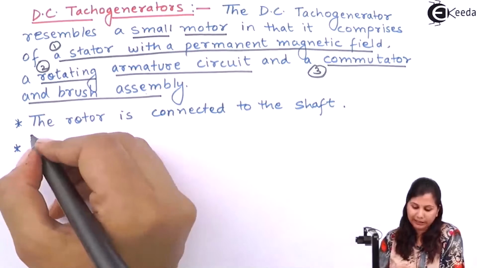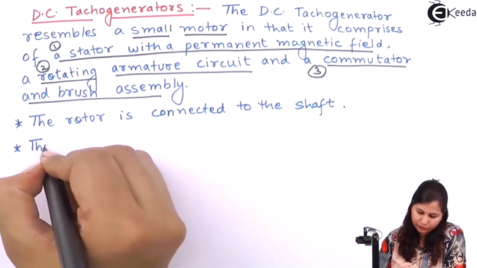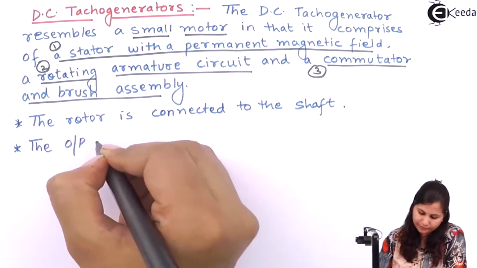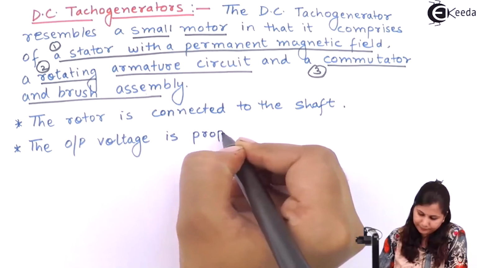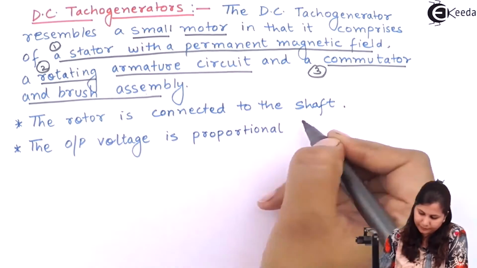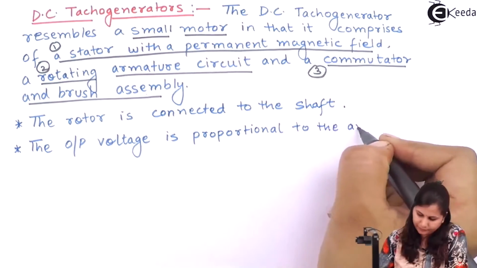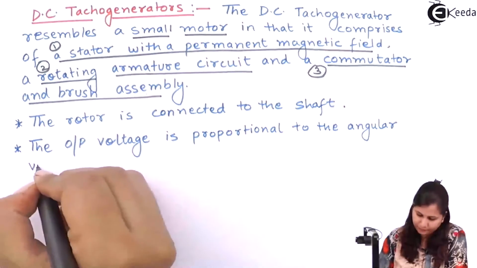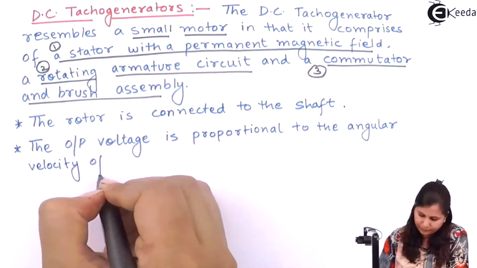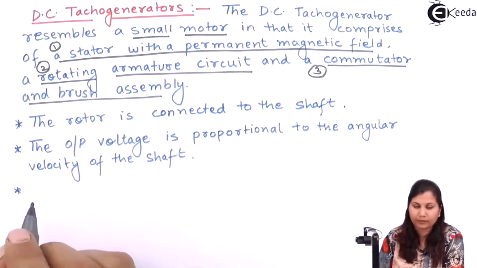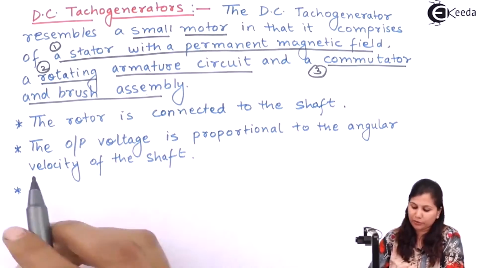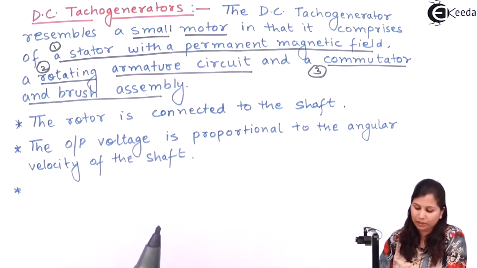Similarly in DC tacho generators also, the output voltage is proportional to the angular velocity of the shaft.